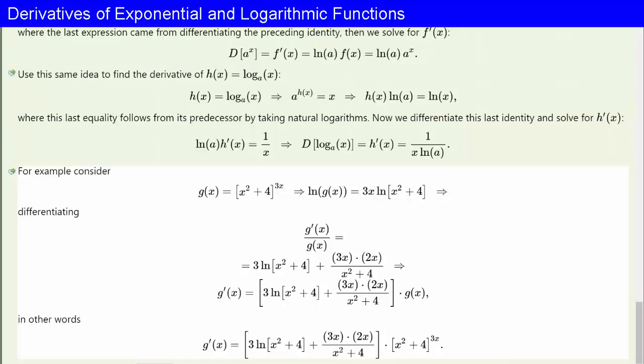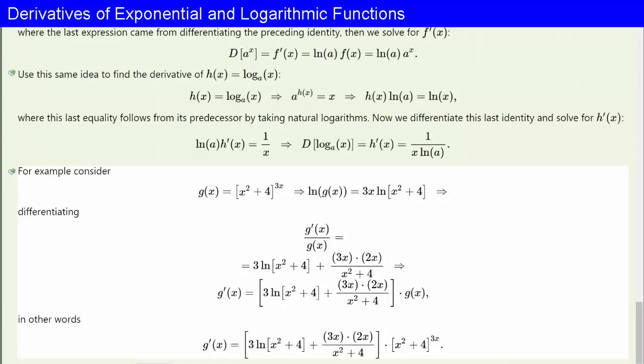So you take logs, and you get the log of g of x equals 3x times the log of x squared plus 4. And both sides of this identity are very easy to differentiate. The left-hand side, the derivative is g prime over g. The right-hand side, you use the product rule. You get 3 times the log of x squared plus 4 plus 1 over x squared plus 4 times 3x times 2x, using the chain rule and the rest of the product rule.